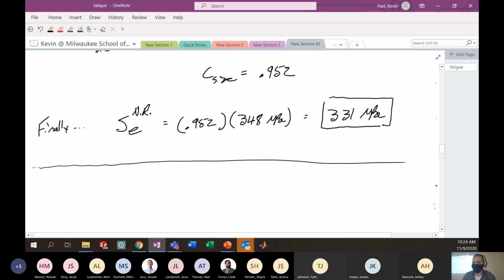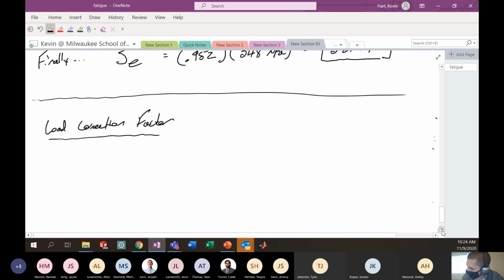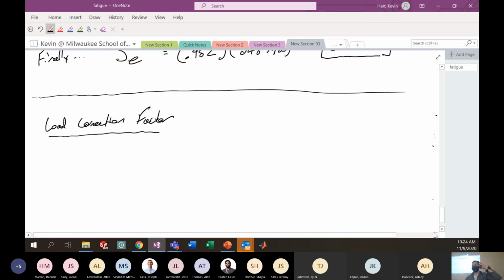Next, let's look at correcting for loads appropriately. The last thing we're going to do is load correction factor. This one is easy. Save the best for last, I tell you. So we'll remind you that the RR Moore test is tested in rotating bending.